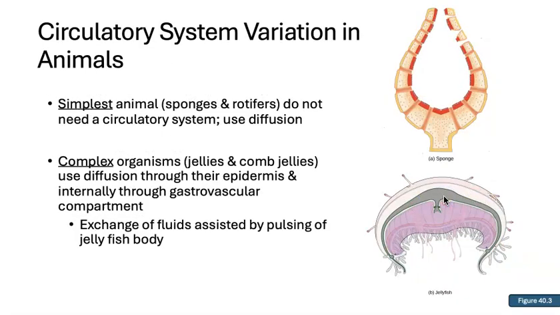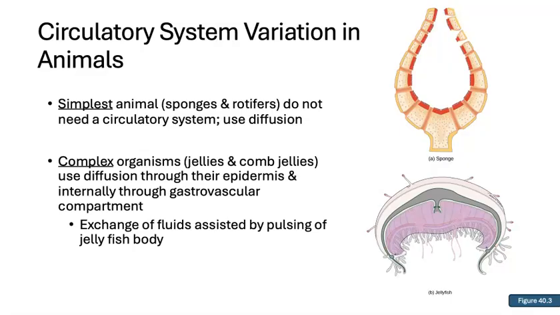Then we've got our circulatory systems varying by animals, different animal types. So when we have a simple animal, such as a sponge or a rotifer, which is going to just be a microscopic type of animal that we can find in freshwater environments, they don't necessarily need a circulatory system because they are going to utilize diffusion, where we move contents from a high concentration into a low concentration area.